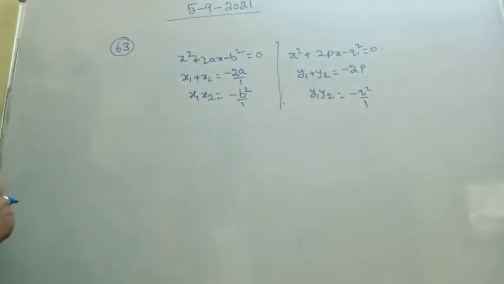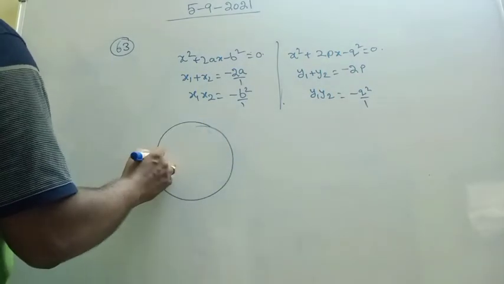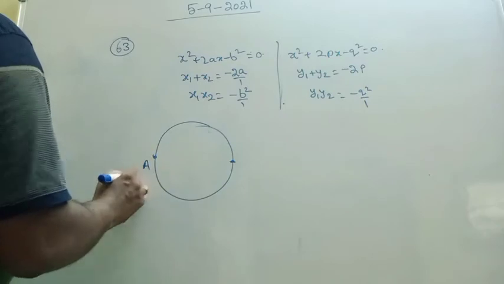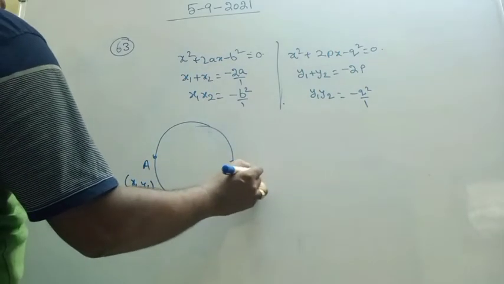Now you see, my dear students, A and B are the roots of this equation. Then the radius of the circle with AB as diameter: if you take A and B as a diameter, x1 comma y1 and x2 comma y2, you will get a circle.